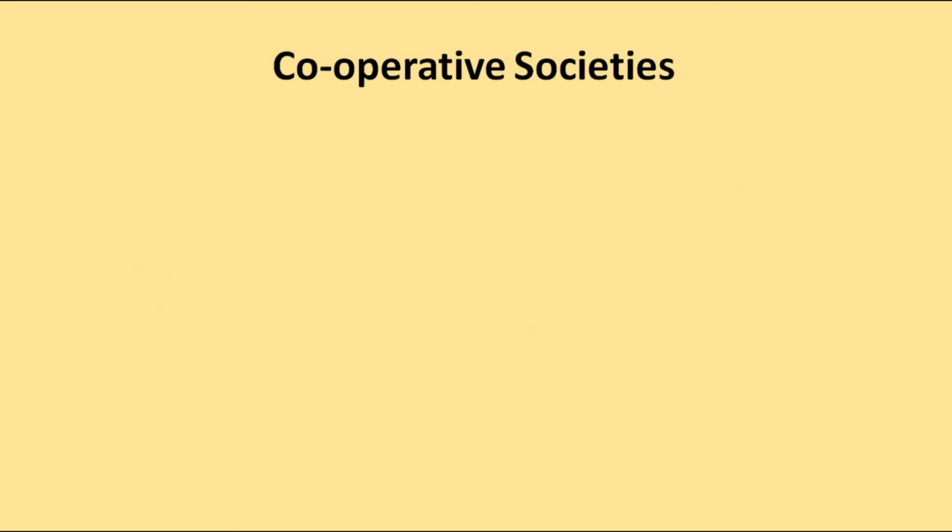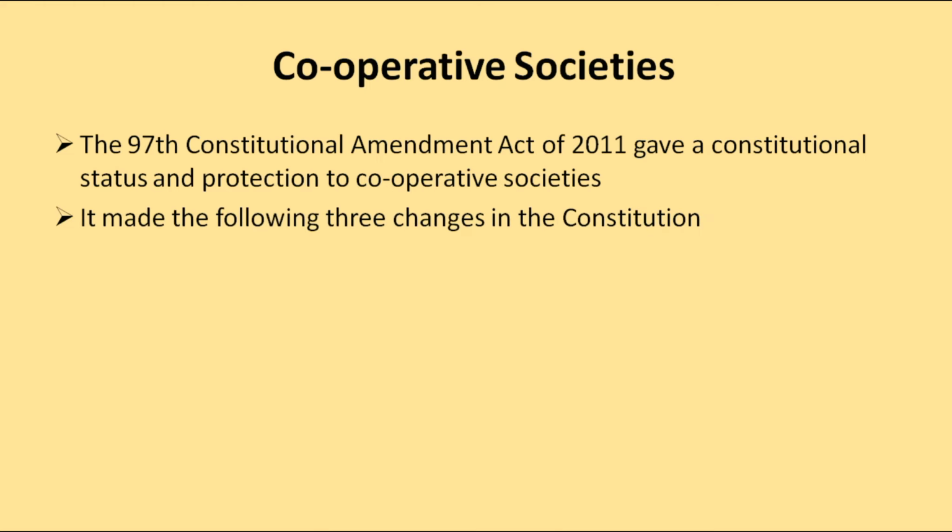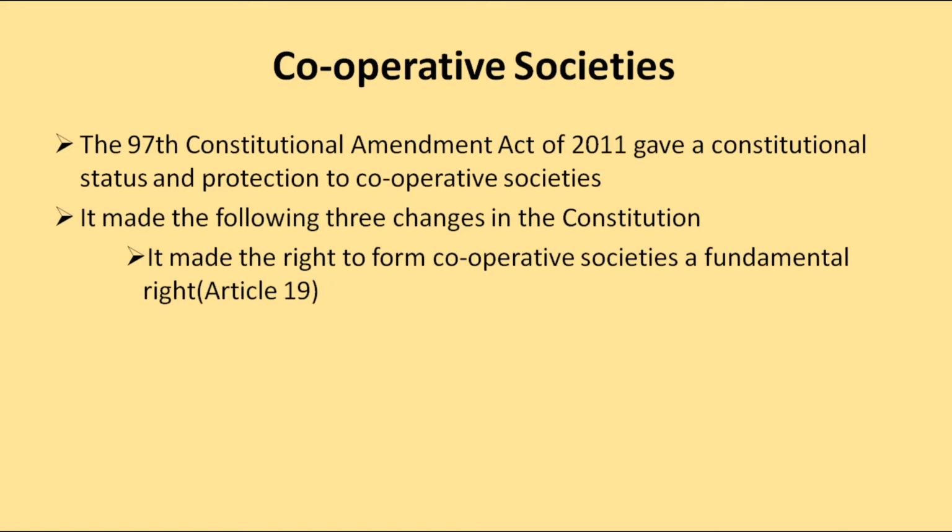Then, Co-operative Societies. The 97th Constitutional Amendment Act of 2011 gave constitutional status and protection to cooperative societies. So it made the following three changes to the Constitution. It made the right to form cooperative societies a fundamental right under Article 19.